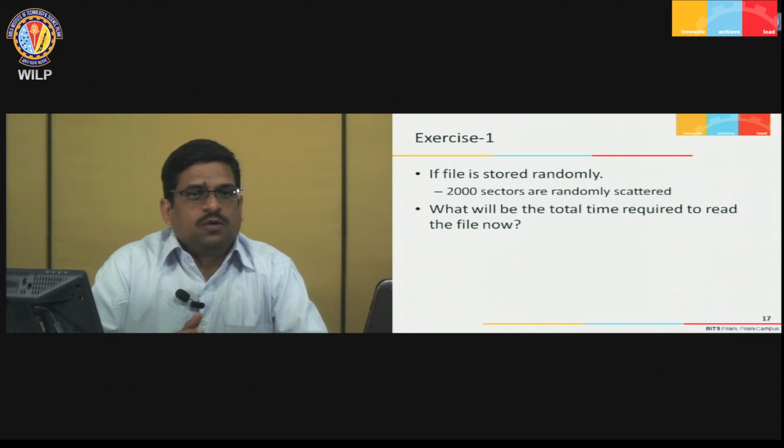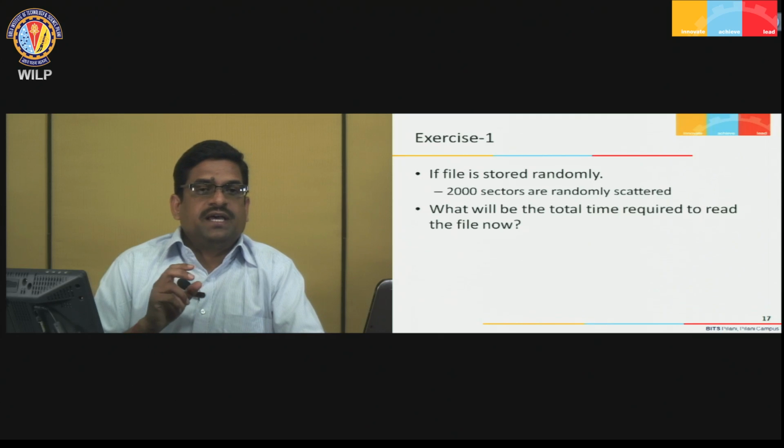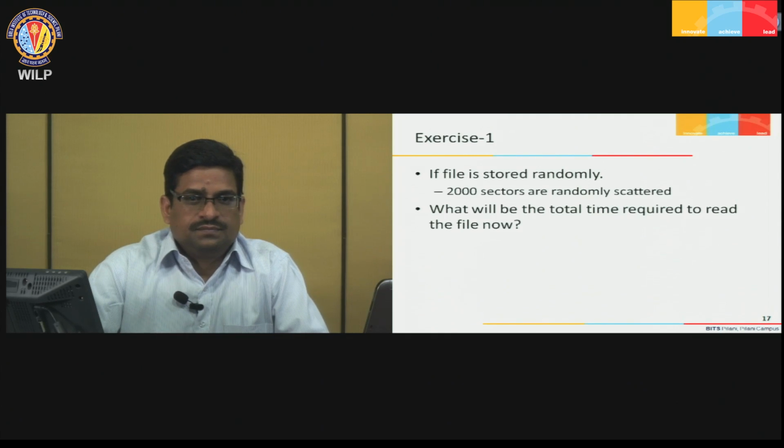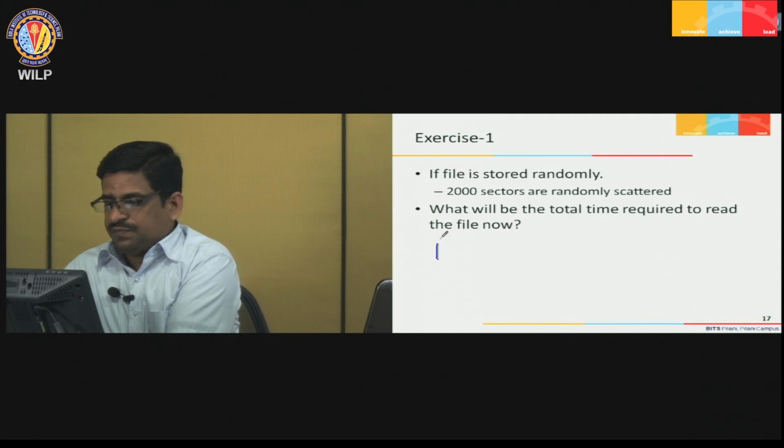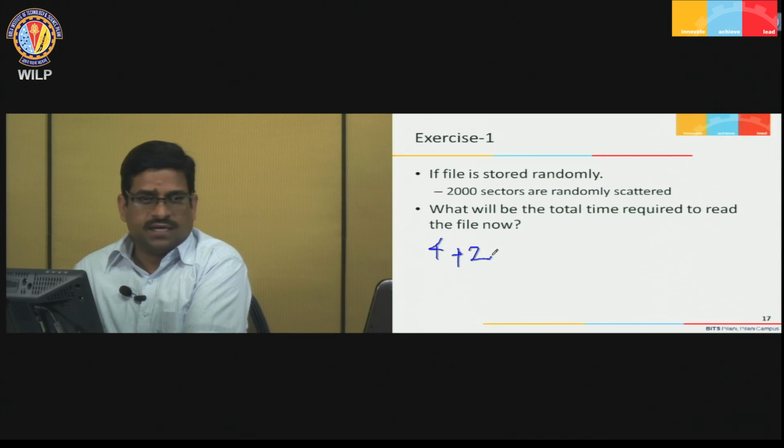So now you have to calculate what is the access time for accessing one sector, and that includes your seek time, rotational latency, plus the time required to read one sector. So seek time will be same, 4, rotational latency again will be same, 2 millisecond, as per the last exercise or first part of this.